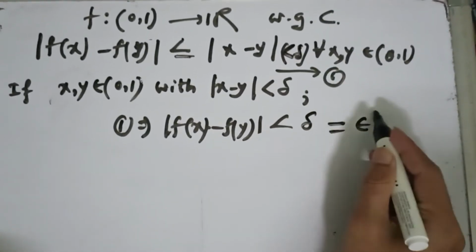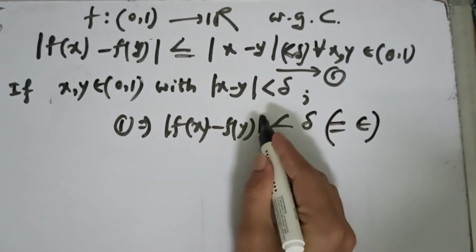Now I choose delta equal to epsilon, so we get |f(x) - f(y)| less than epsilon.